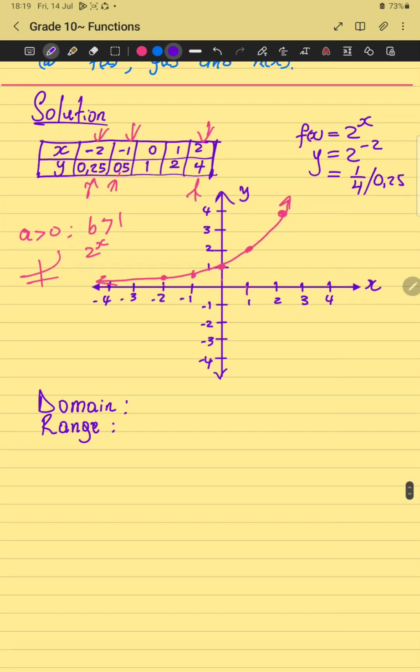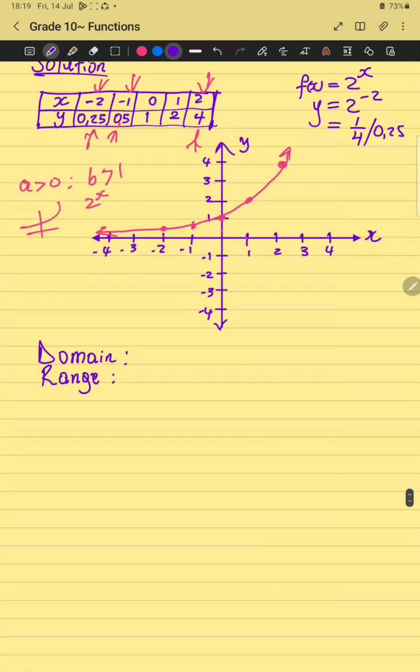For the domain, it's very easy, guys. You just say x is an element of the real numbers. In terms of y, the range depends on the horizontal asymptote. The horizontal asymptote of this graph is 0. What is important is that this graph is above the origin, which is 0.